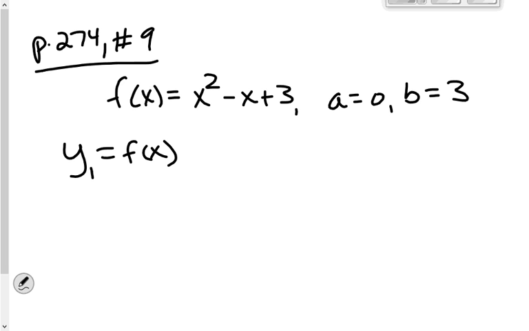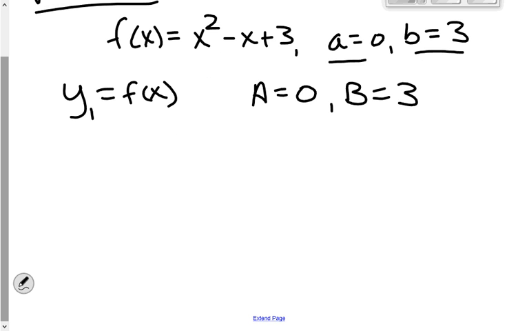And then we can run the RAM program. So go to Program, RAM. If we're going from 0 to 3, you're going to let capital A be 0 and capital B be 3. But a really good question is, what should we let n be?